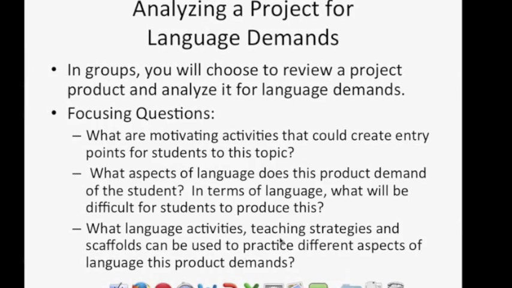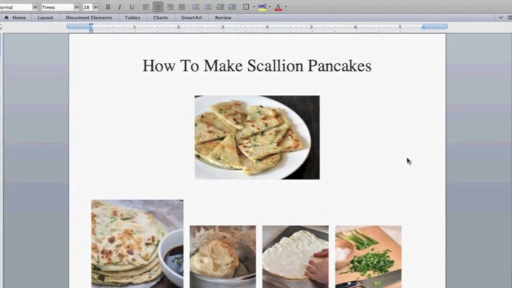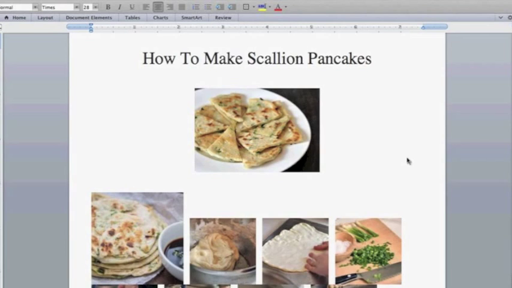Okay, so I'm going to go back to this project that I'm having students create. In terms of motivating activities, the first question is about possible motivating activities for this project. I was thinking some things that we could have students do is you just bring in a scallion pancake.